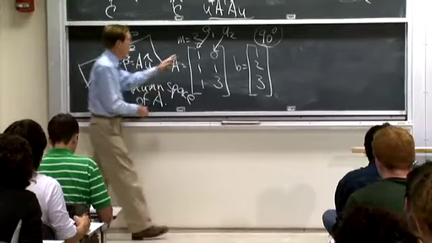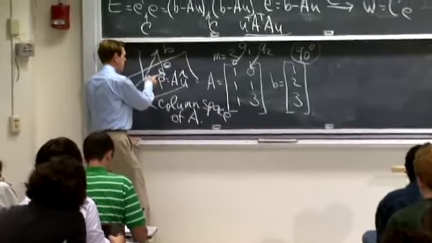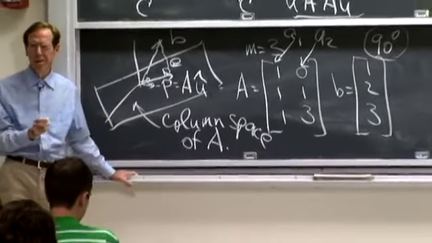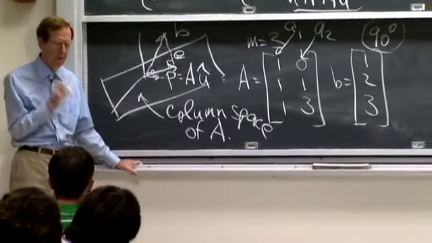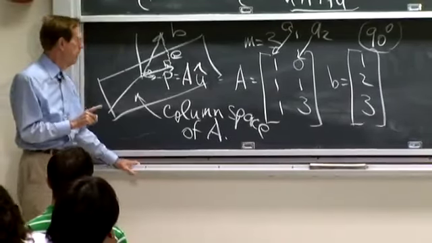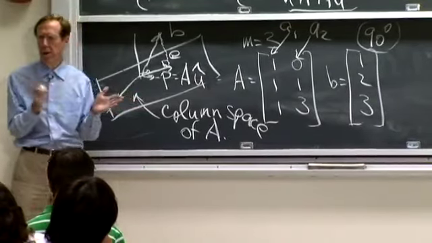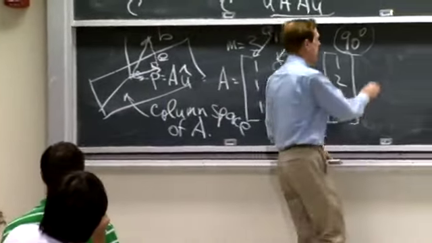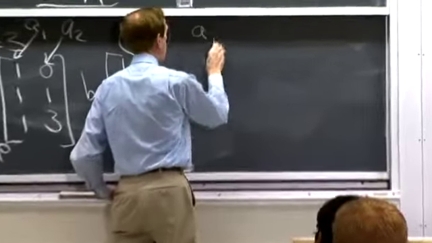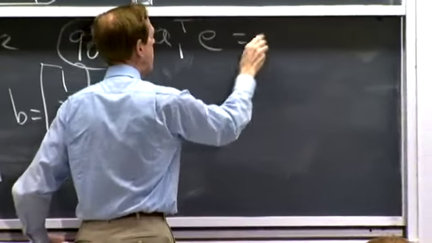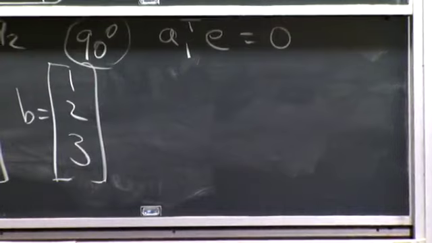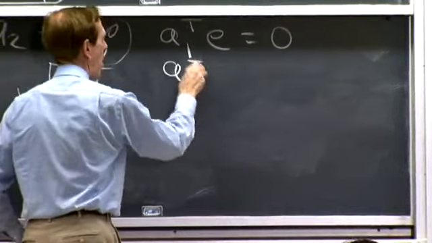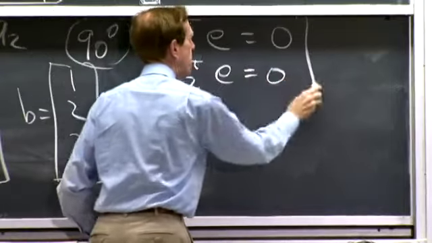It says that A1 is perpendicular to P, right? No, sorry. Say that right for me. The first equation says that A1 and what are perpendicular? E, thank you, E. So the first equation says that A1 transpose E is 0. And the second equation says that A2 transpose E is 0. Those are my two equations.